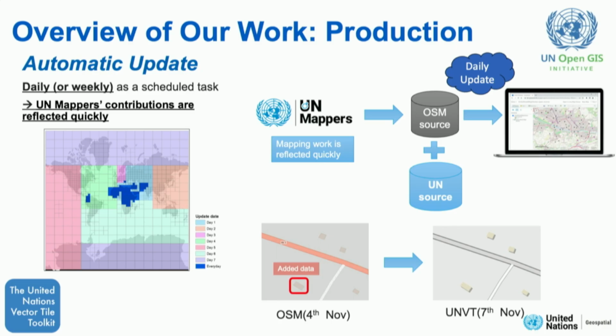For example, the data added to OSM for November was reflected on our map by 7th November. Importing data to our OSM database takes about 1 to 2 days, and then we convert the data to vector tiles on a daily basis. So in total, it takes about 3 days. So thanks to this automatic update feature, we can make use of the latest OSM datasets.